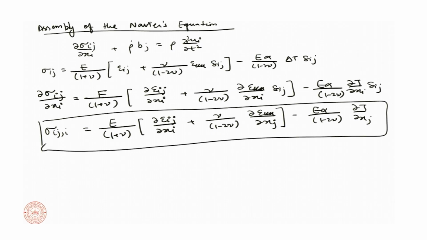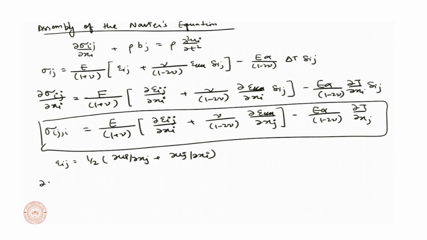Let us put this back into our expression. Well, before we do that, we can also do one more thing, we can replace epsilon ij by 1 by 2 del ui by del xj plus del uj by del xi. Let us replace this into this equation before we put everything back together.